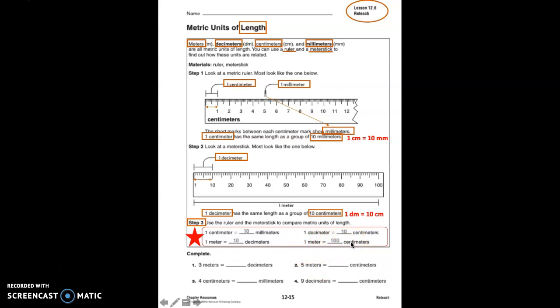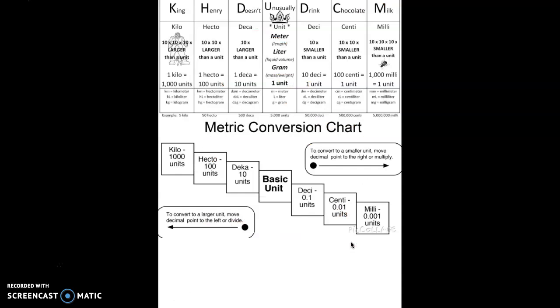Now, many of you might know the trick. If not, I'm going to show it to you now. In order to remember all of these conversions, I'm going to show you: King Henry doesn't usually drink chocolate milk.